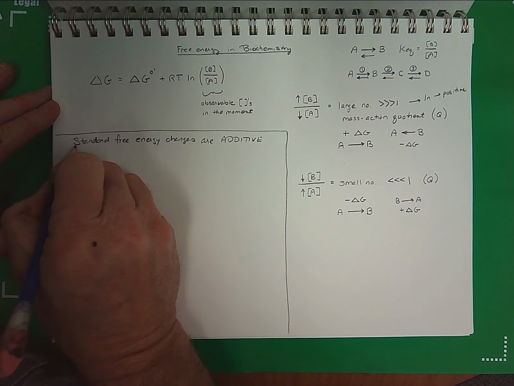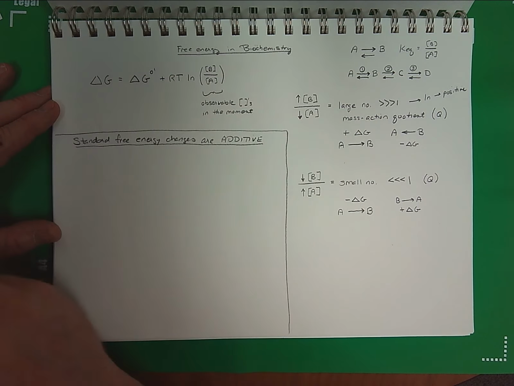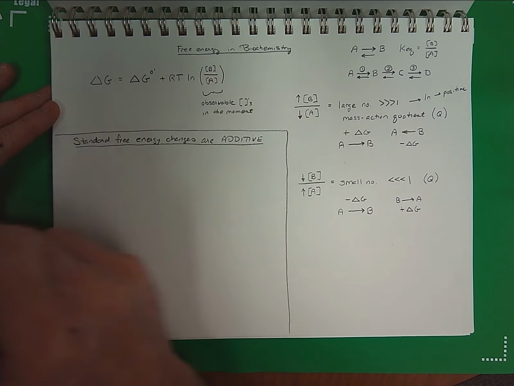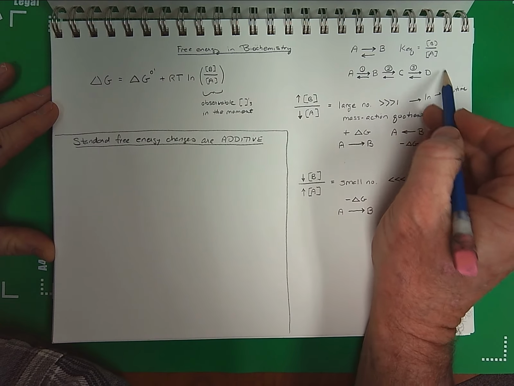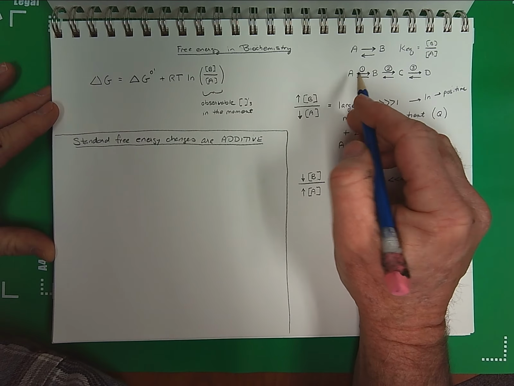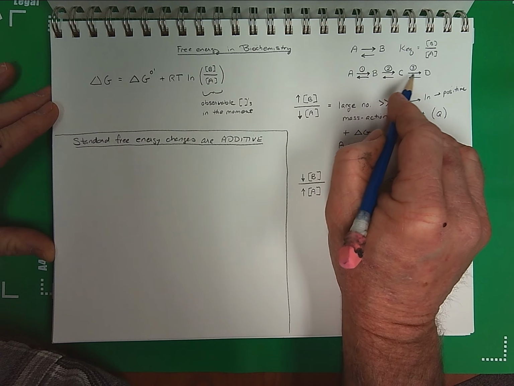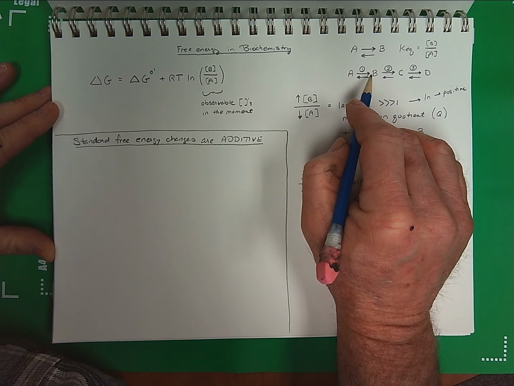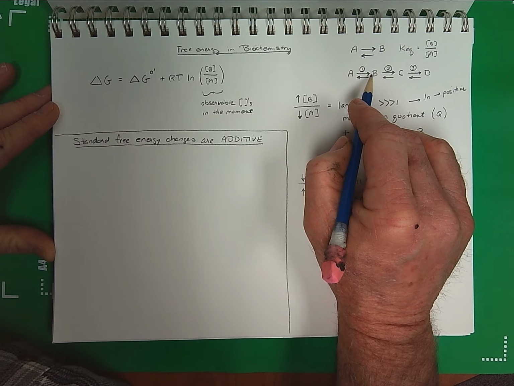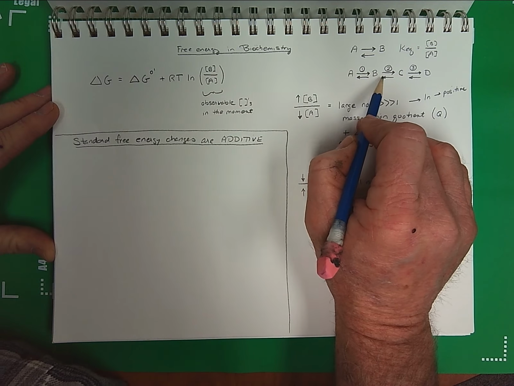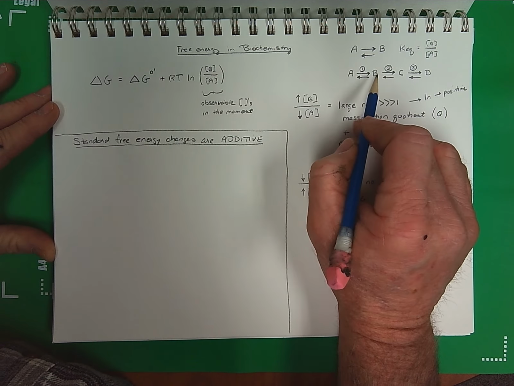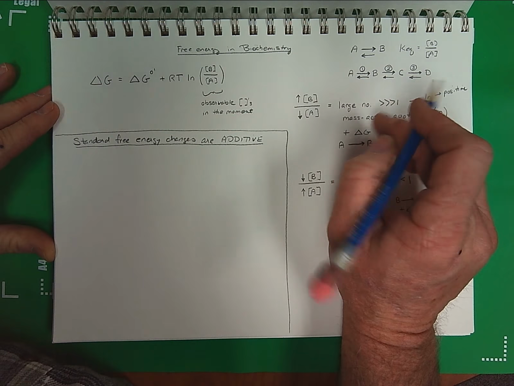Now, why is this important? Because in biochemistry, when we have pathways, in order to keep a pathway going, we often need to couple chemical reactions to push a reaction in one direction, which essentially means forcing a negative delta G.